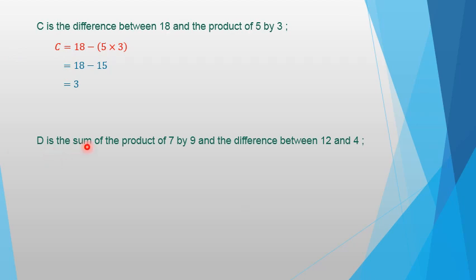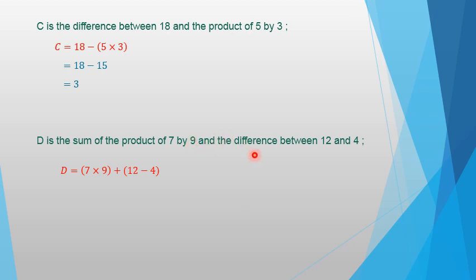D is the sum. So we have to write plus, and we have to decide what to write before and after the plus. Before it, we have to write the product of 7 by 9. So I have to start. It's 7 times 9. The sum means plus. Okay, it's the sum of 7 times 9 and what?